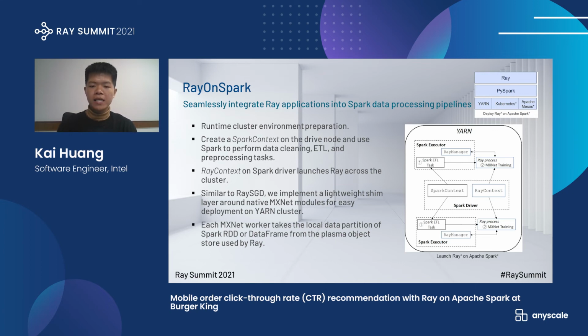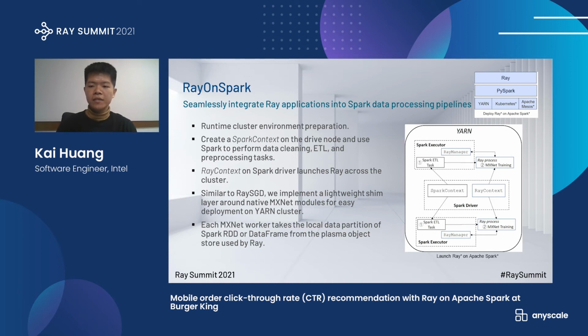So in the Spark setting, as you may know, there is a Spark context object created on the Spark driver, and Burger King uses Spark to load data and to perform data cleaning, ETL, and pre-processing tasks.